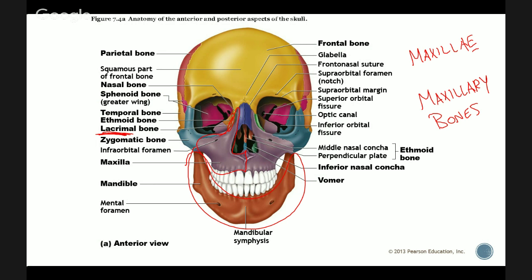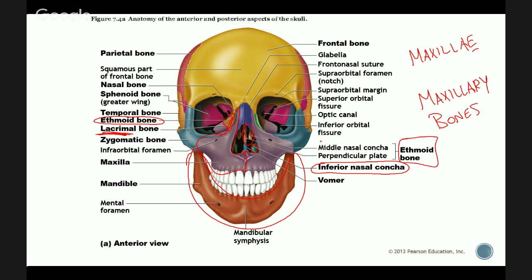All right, then we have a bone that probably not many of you have ever heard of, called the inferior nasal concha, in the nasal cavity. Now this gets confusing, because remember we saw the ethmoid bone here? Ethmoid bone also is located in the nasal cavity region.